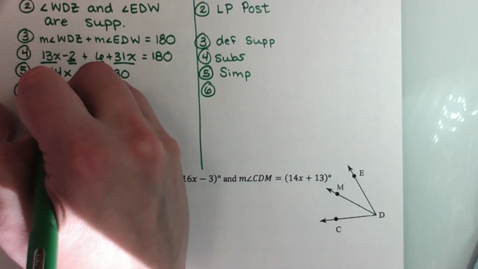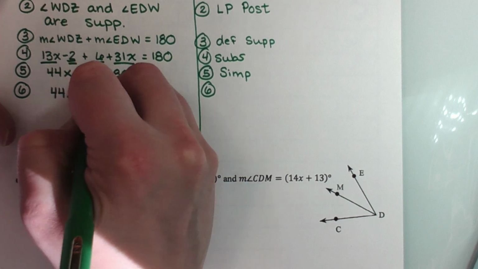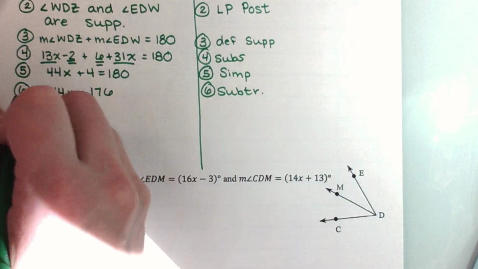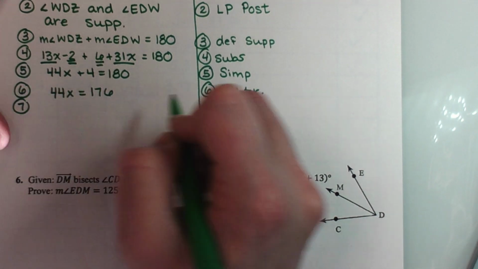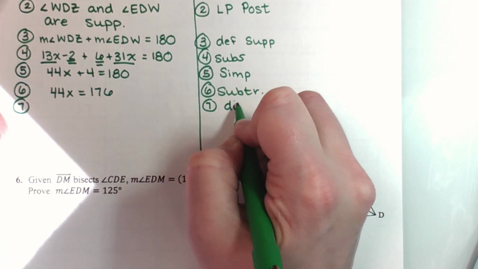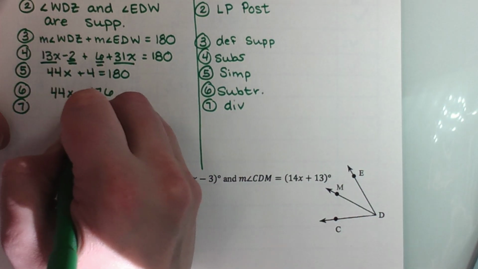Subtract the 4. 44x equals 176. Divide by 44. X equals 4.